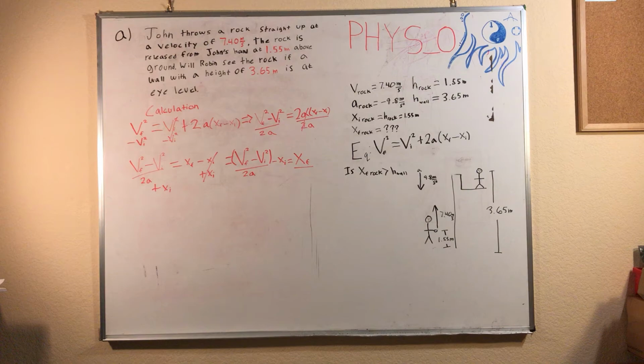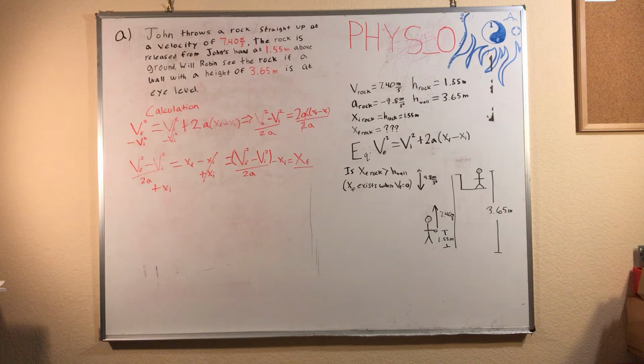Let's just plug and chug now. Remember, our final velocity will equal 0 from going against gravity and thus falling back down. So plugging in, we have velocity final is 0, velocity initial is 7.40 meters per second, acceleration is negative 9.8 meters per second squared, and our initial x distance is 1.55 meters.